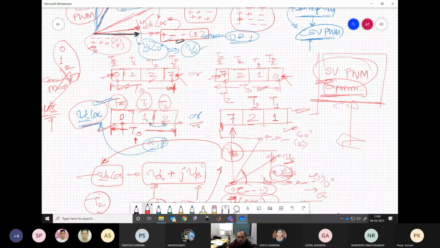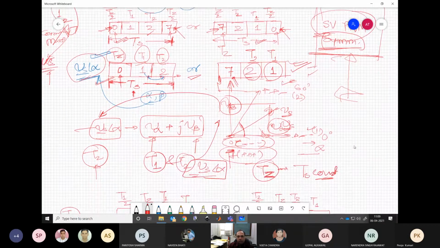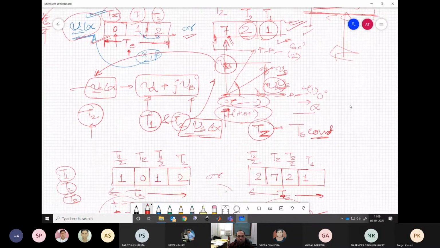Similarly, we can have another option. We can apply only the zero vector 7 and the two active vectors. That's all, and we can realize our vector. There is no particular compulsion to apply the other zero vector.